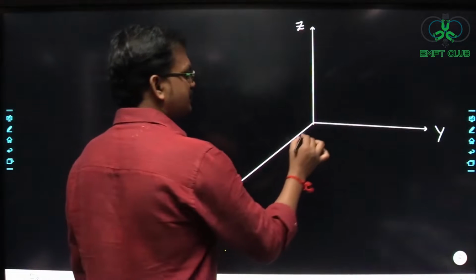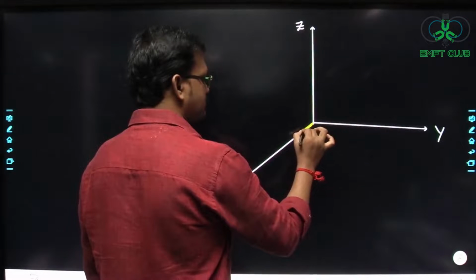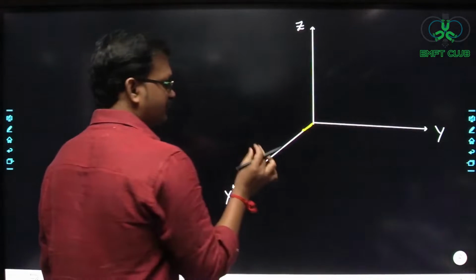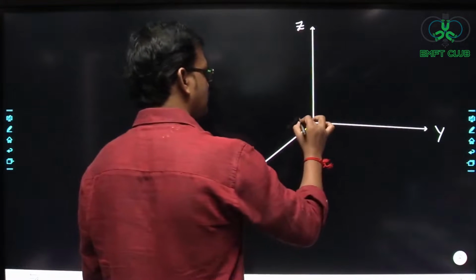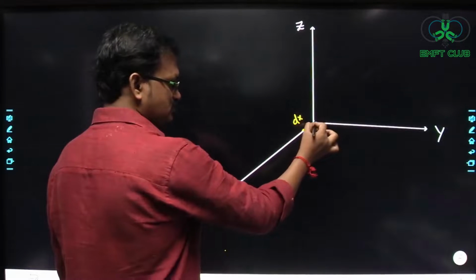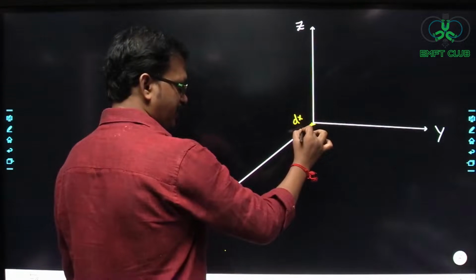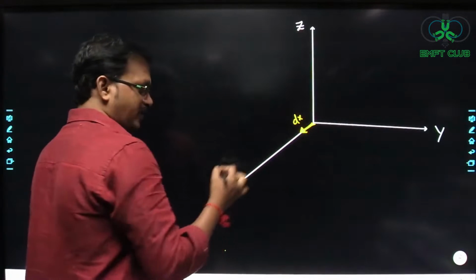Now if I consider a small differential length along x, an infinitesimally small differential length along x, I can represent it as dx, right? And this small differential length dx is pointing in which direction? It is pointing in the x direction.